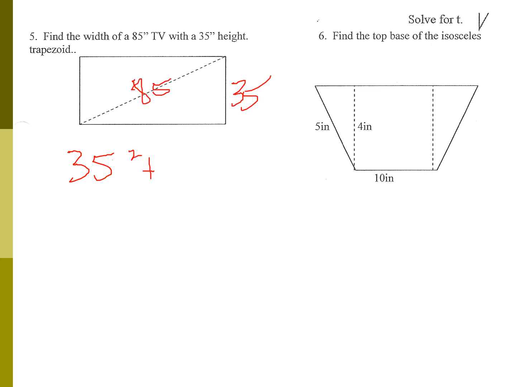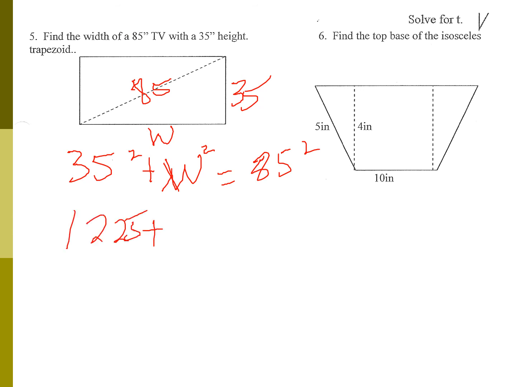So setting it up, it would be 35 squared plus whatever this width is, you can put a W if you like, squared equals 85 squared. So 35 squared makes 1225 plus W squared, and 85 squared is 7225. Do we add the 1225 to the 7225?